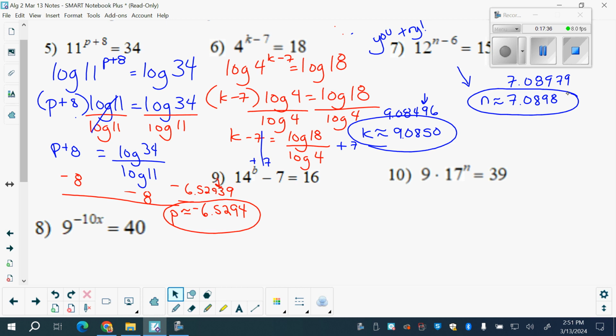Take a look at it before you go. So you should get an answer of 7.0898. Any questions on that? Any rounding questions?